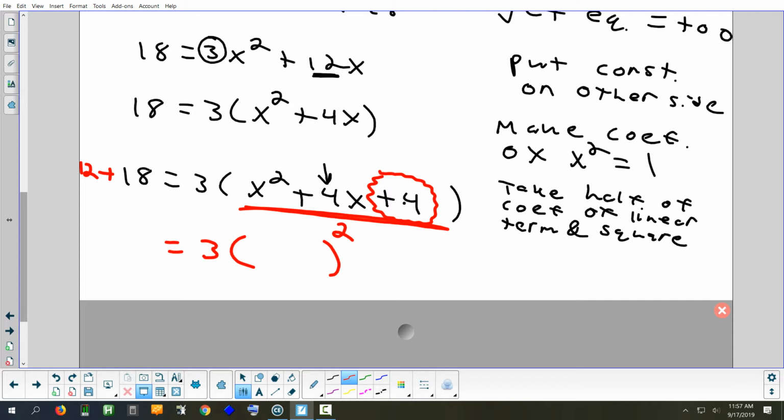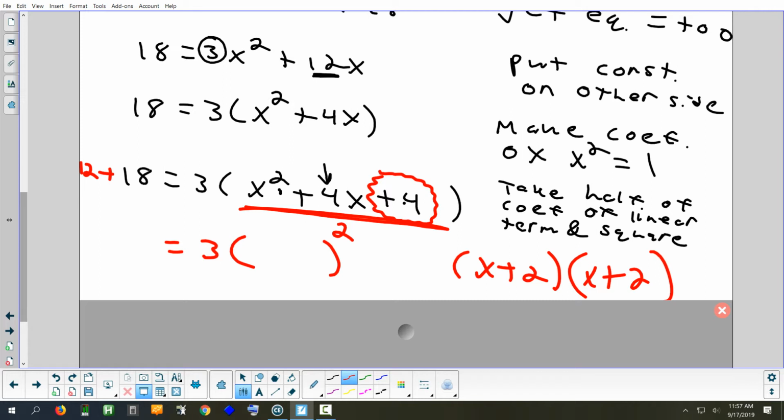Does anybody see how this factors on the right-hand side? Emily? X plus 2 times x plus 2. It's the same thing twice.